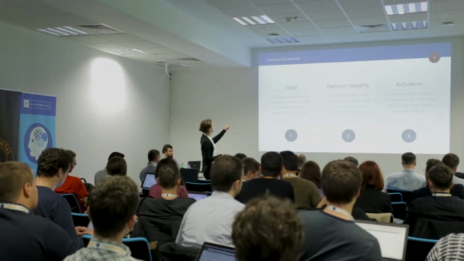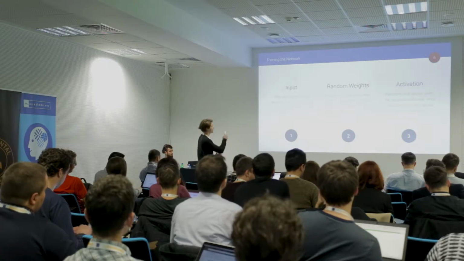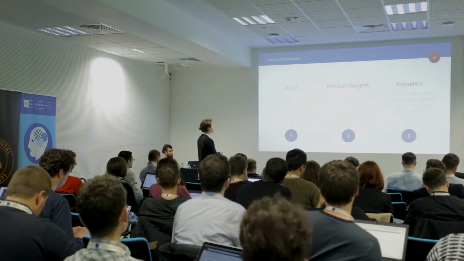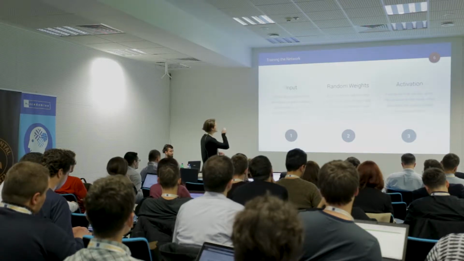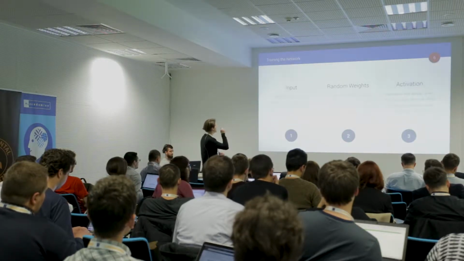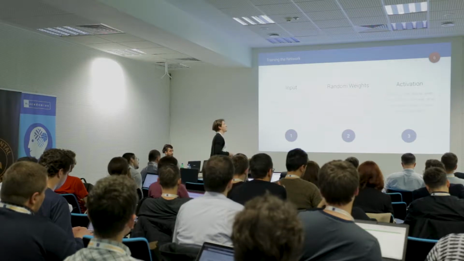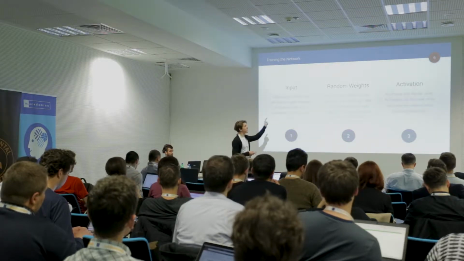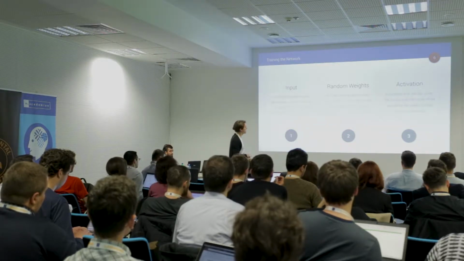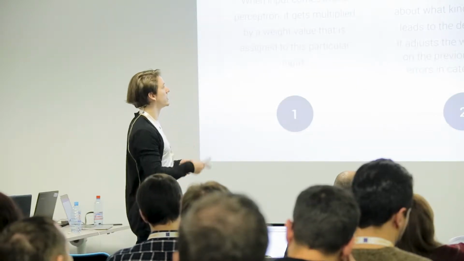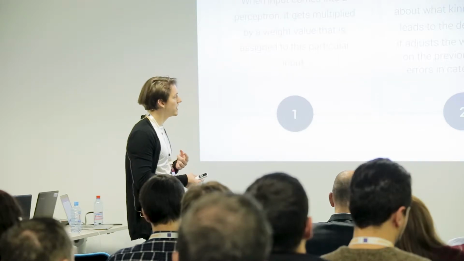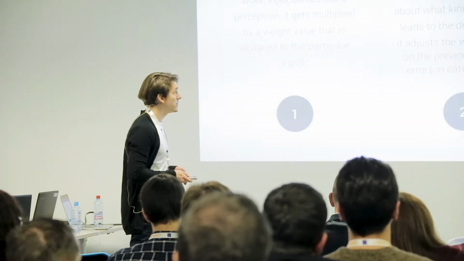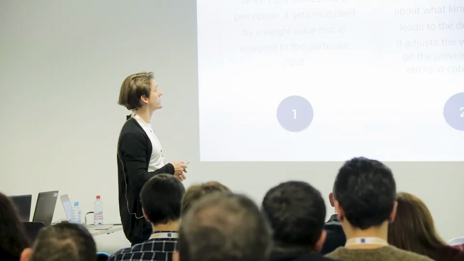So we have the inputs, and when the input comes into a perceptron, it gets multiplied by the weights, as we saw previously, and each input has a particular weight assigned that it's multiplied by. That's important. Those weights, the W's, are randomly initialized, and as the network learns more about what kind of input data leads to the desired output, it's going to adjust the weights based on the previous weights' errors in categorization.